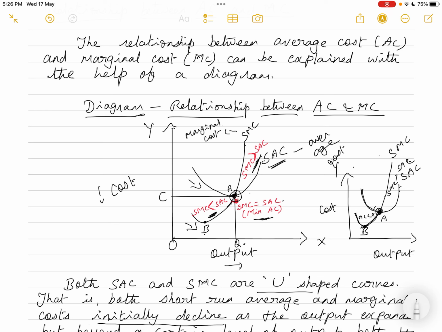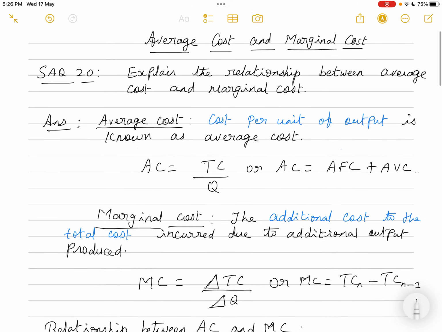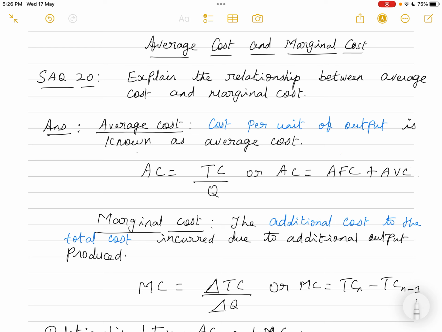That firm is called an ideal firm or the optimum firm, which is operating at the minimum cost of production. Now this is the importance of operating at the minimum point, and this is the relationship between average cost and marginal cost. As I mentioned, you can get both for 5 marks as well as for 2 marks.